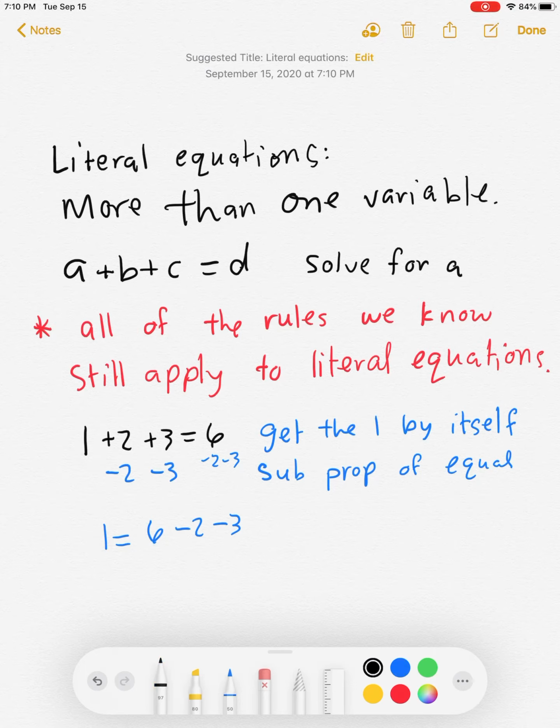The problem above, A plus B plus C equals D, follows the same basic idea. We have A plus B plus C equals D. We can subtract the B, subtract the C, and so long as we do it to both sides, we end up with the same equation.